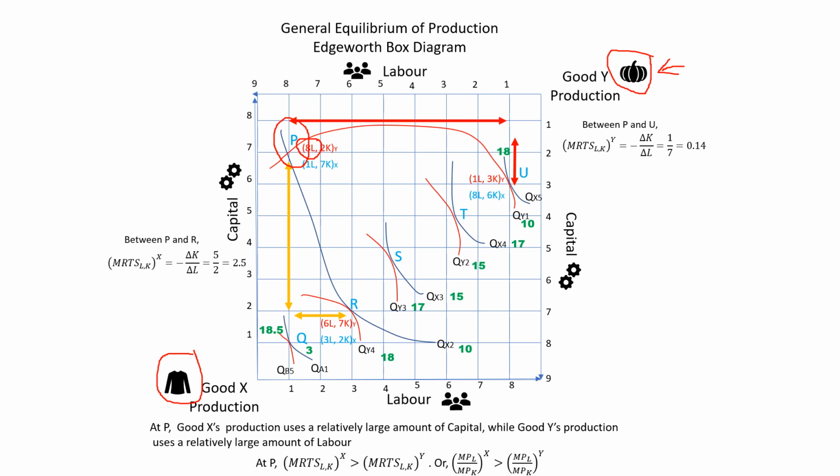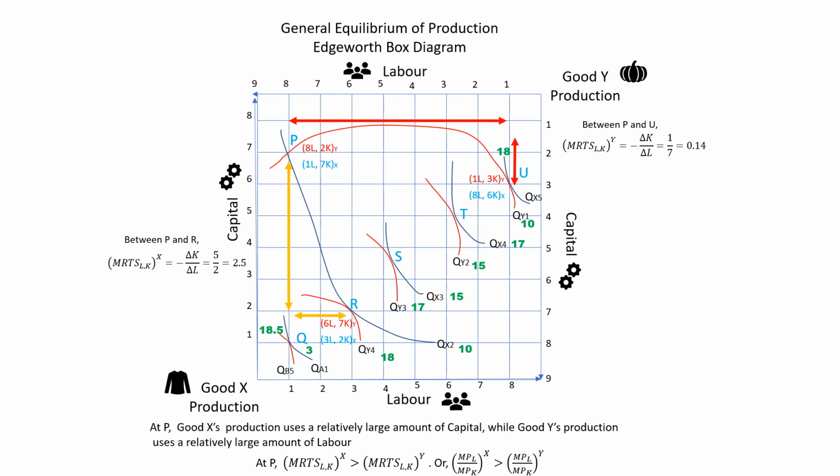So this is what we shall be looking at in the case of a modification of the inputs that are being involved or used in the production of the two different outputs of the two goods.